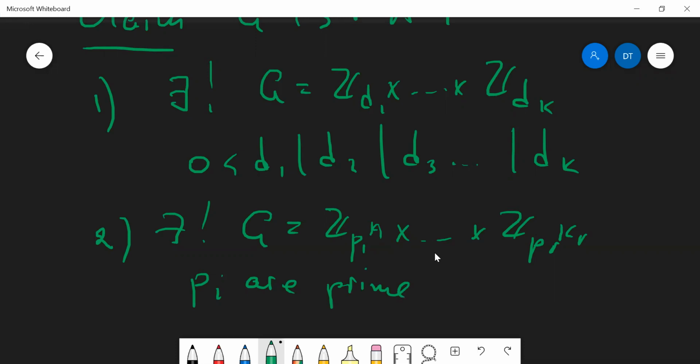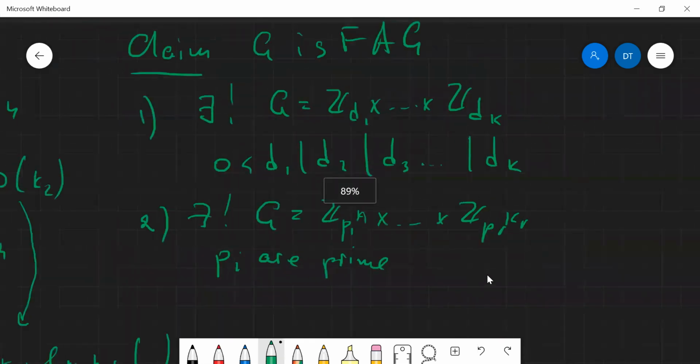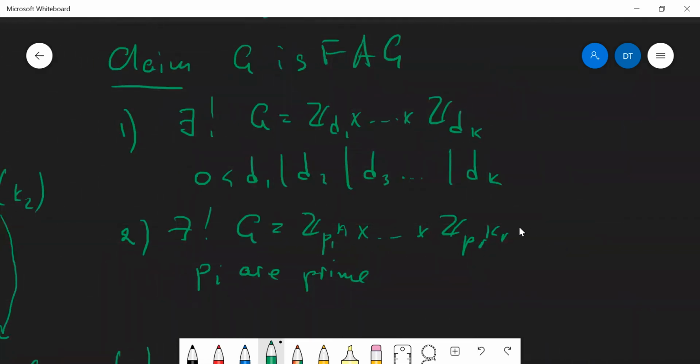So every finite abelian group is uniquely presentable either in this form or this form. In this case, we have this condition, the order of one group divides the order of the next one. And in this case, we have this condition that the order is just the power of a prime number. And prime numbers may repeat here.